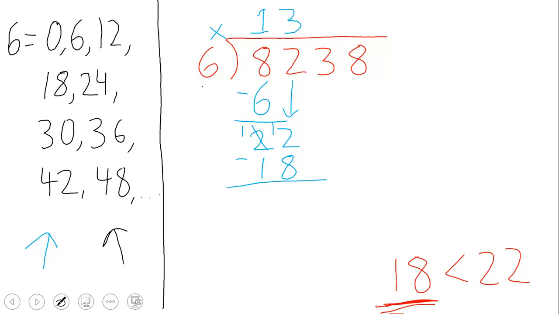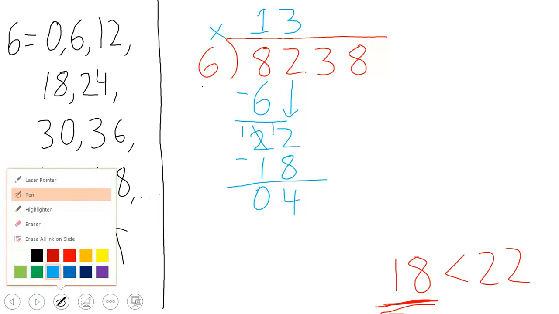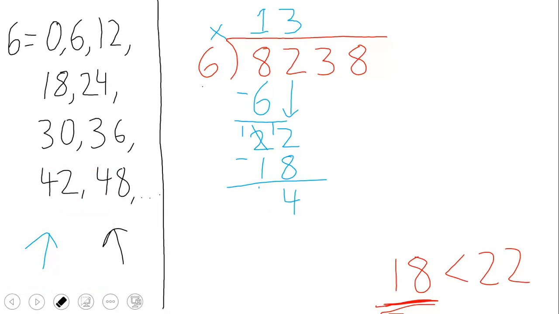And I am now considering the question 12 minus 8. So we have 8, 9, 10, 11, 12. So that's 4. And 1 minus 1 is 0. You can put the 0 or you don't have to put it. Okay, so let us erase.